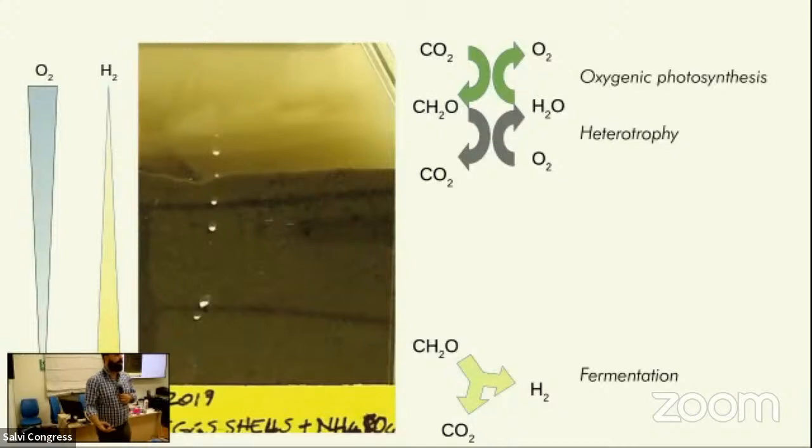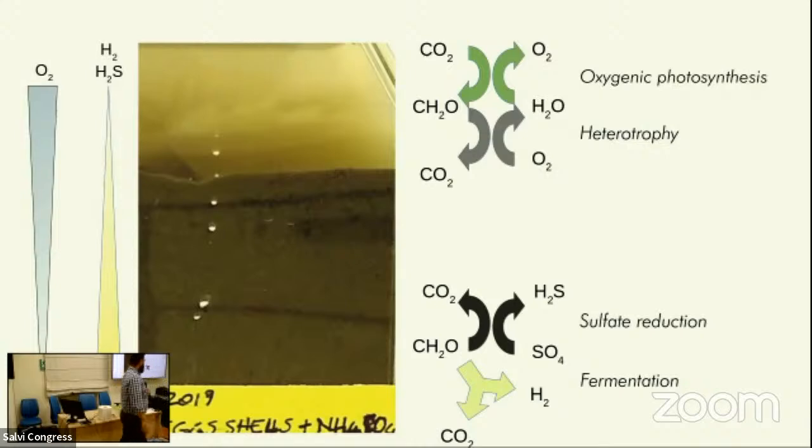Well, if you're anaerobic and your mud is loaded with organic carbon like ours is right now, you get the famous fermenters. The microbes that break down organic carbon without any acceptor because there's no oxygen. Oxygen is there at the start when you mix, but microbes will consume it very, very fast, right? So unless it's continuously produced by oxygenic phototrophs, there's going to be zero oxygen at the bottom. So microbes will start to produce hydrogen. Hydrogen is light, starts to go up. We get a first gradient.